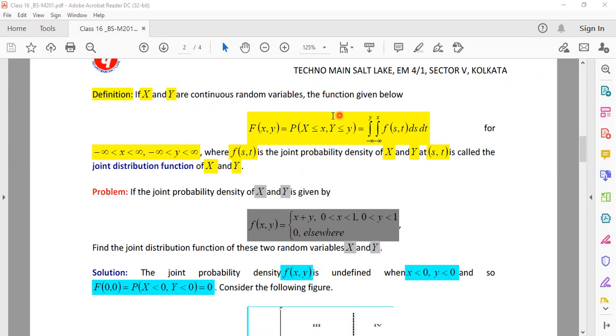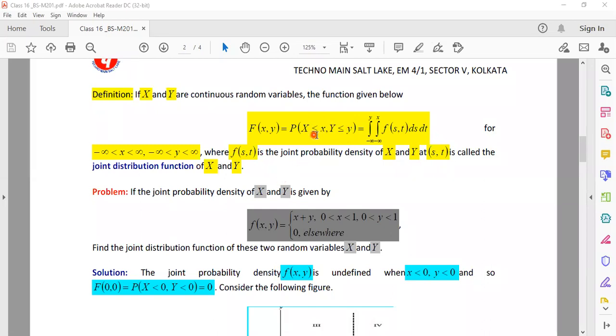This definition has been generalized to the bivariate case, and in case of bivariate distribution, we are treating the function F, which is a function of two variables x and y, and we are writing that capital X is taking values less than small x, and at the same time, capital Y is taking values less than small y.